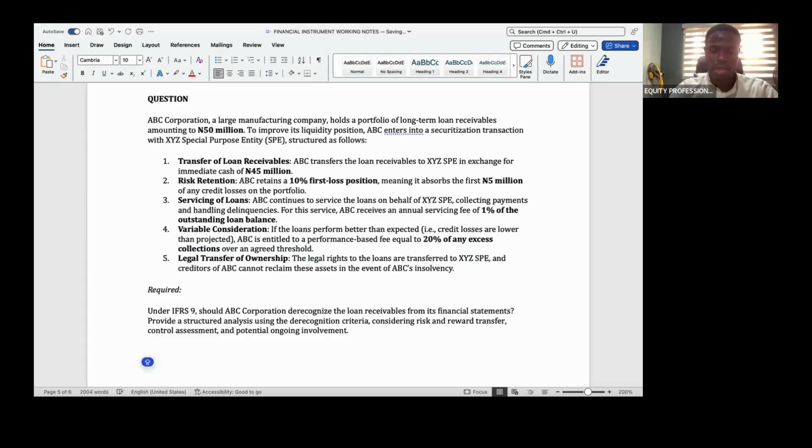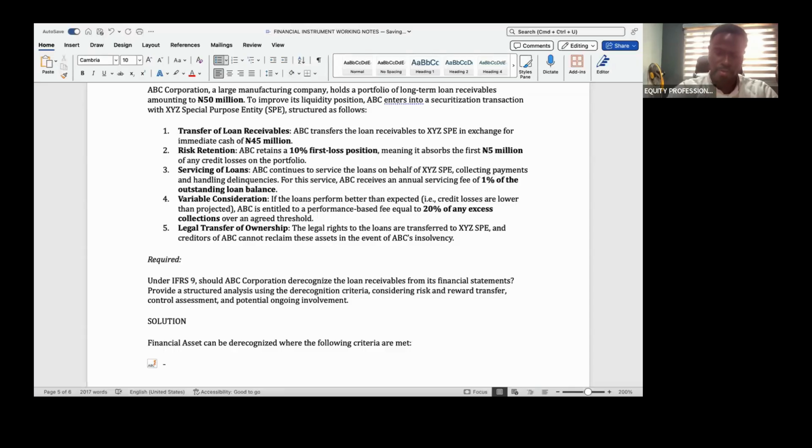Okay. Similar to what you've learned, the first thing you need to note is that this loan receivable is a financial asset. So a financial asset can be derecognized where the following criteria are met.